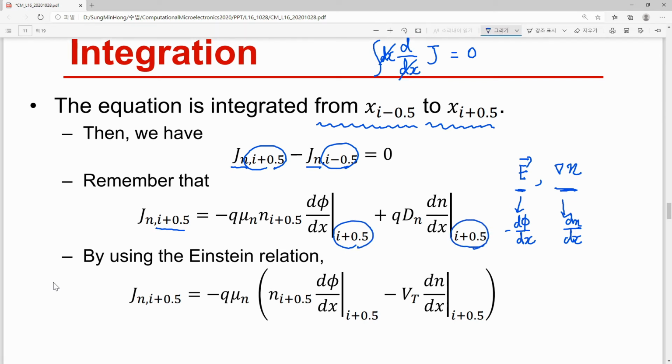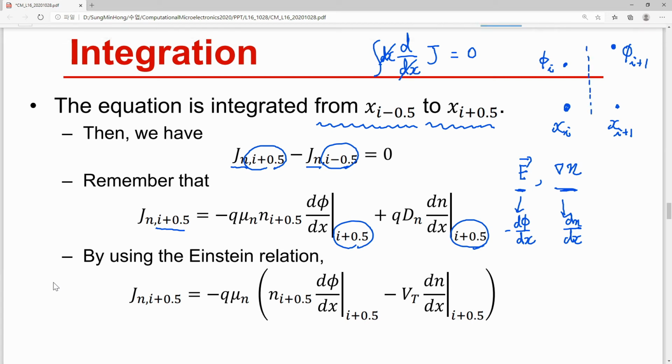Okay, since now we have x sub i and x sub i plus 1, and we have a potential defined at that point and another potential defined at that point, the gradient or first derivative can be well defined at the midpoint as just the slope between this and that. So this slope corresponds to our d phi over dx.